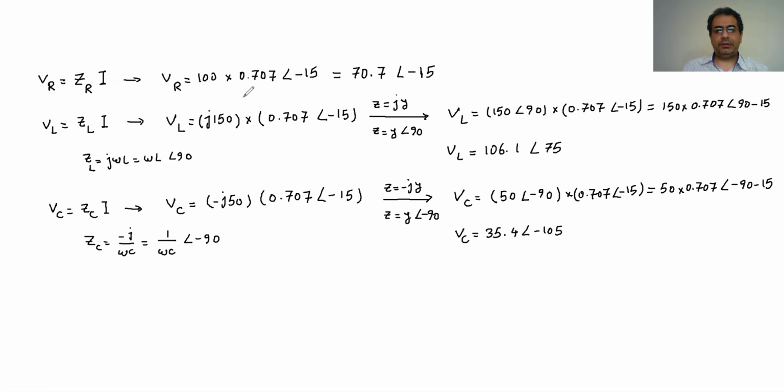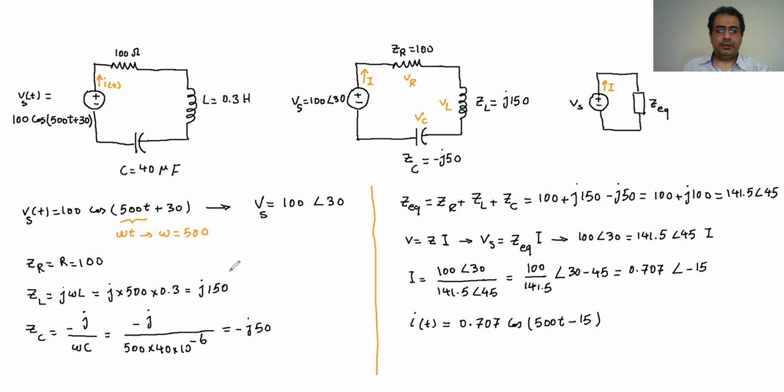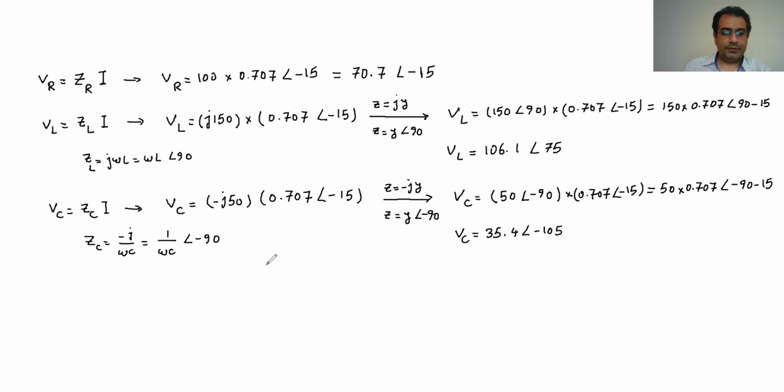So I have this VR, VL, and VC and the I here as phasors. I will go ahead and draw them to see how they actually look, since these values are in a complex format. It's called the phasor diagram. Basically, it means that we draw each of these phasors in polar format, so each of them has a magnitude and angle.